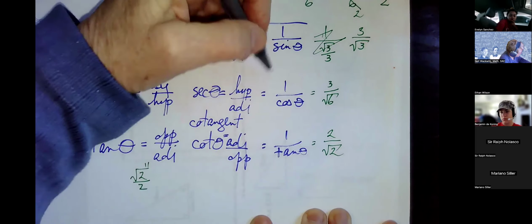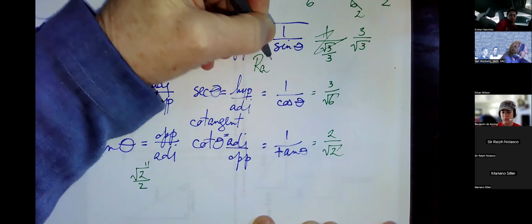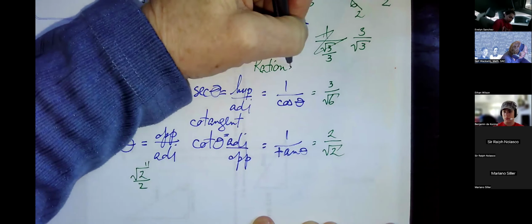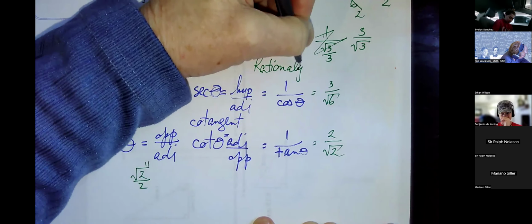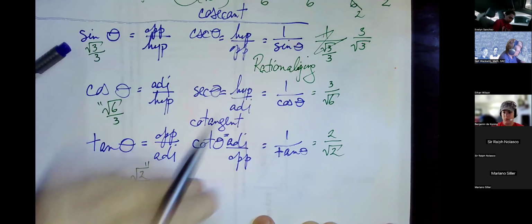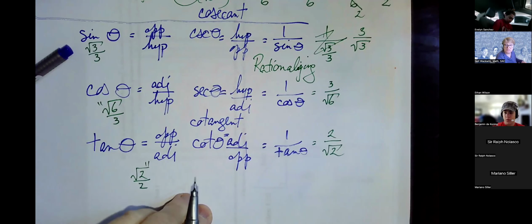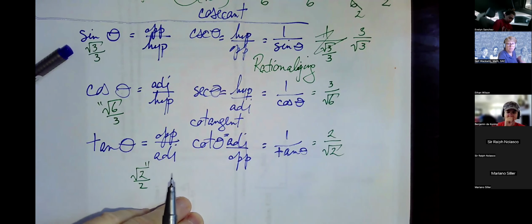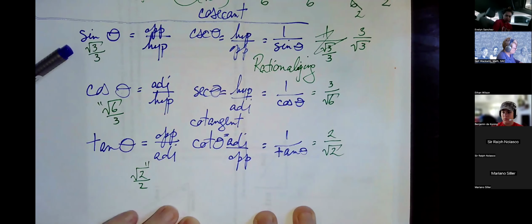Rationalizing, write that down, rationalizing, is the process of moving a root symbol from denominator to numerator or from numerator to denominator. We'll do both in our class.